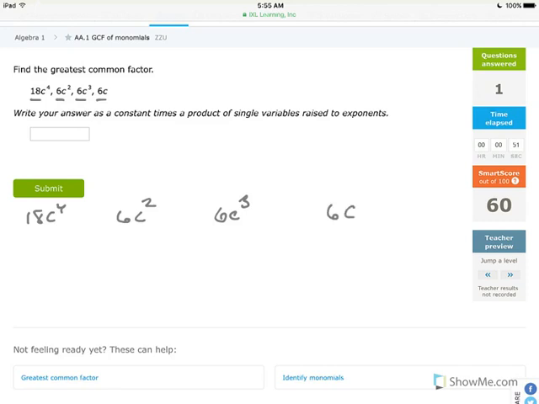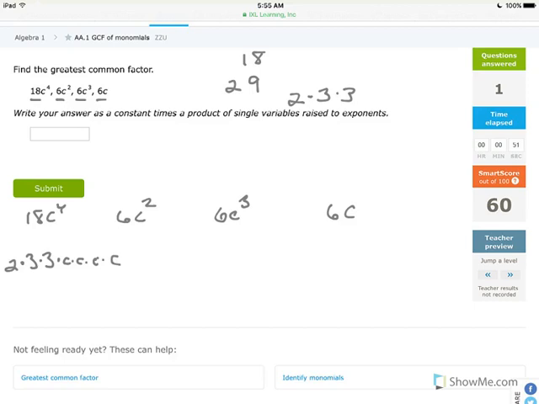So 18, how does that break down? So the number 18, we know that is a 2 and a 9. And then we know the 9 can break down further, so we have the 2, and then 9 is 3 times 3. So the 18 is going to be a 2, and a 3, and a 3, and then you have c to the fourth. So c, c, c, and c.